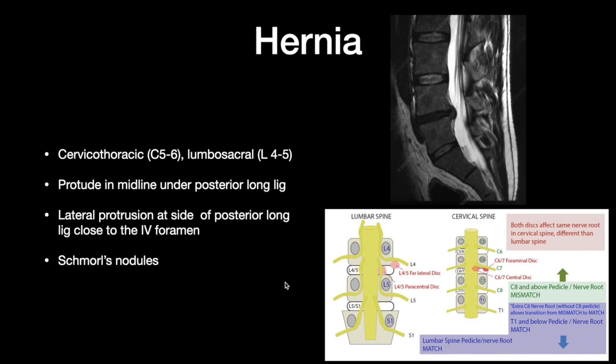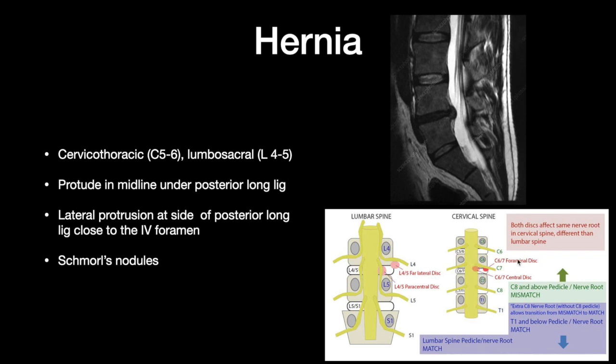There are a couple of things that we need to take into consideration at the sites of the herniation. In the cervical spine, there is only the exiting nerve, so the disc will affect the same nerve root. It's different in the lumbar spine, where there's a mismatch because there are an exiting and a transversing nerve. In a cervical herniation, under C6, this is the C6 to 7.